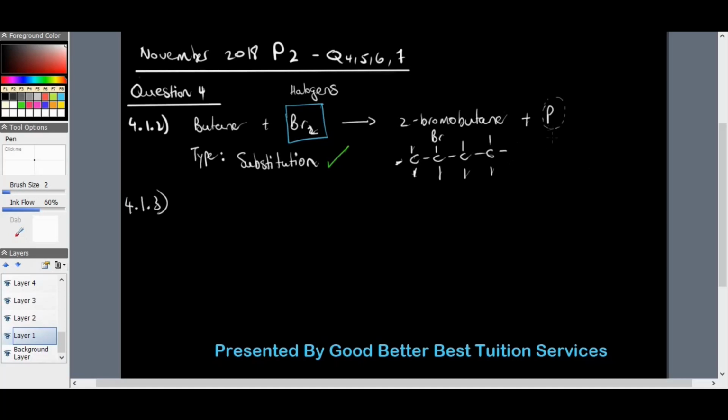So if that's the case, that means I substituted bromine in for a hydrogen, which means I have a hydrogen hanging that can bond to another bromine, because I had 2 bromines here. Only one went in here, so this means I still have another one. It doesn't magically vanish. So therefore, compound P must be whatever was remaining.